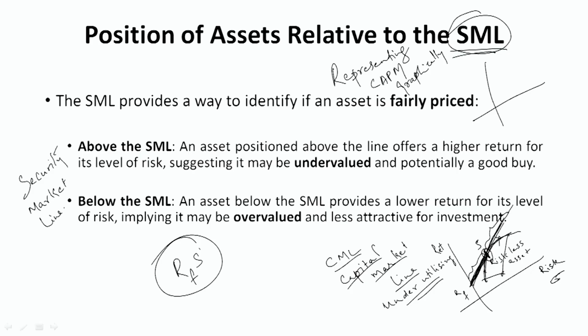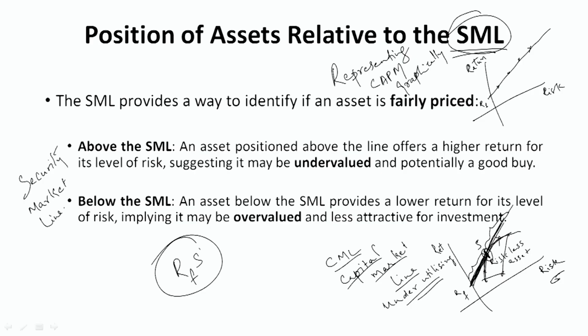So security market line is again done based on risk and return. I've identified the stocks based on different risk parameters in which I want to invest my money. So this is the risk-free rate of return. So this would be the security market line in which I have invested.